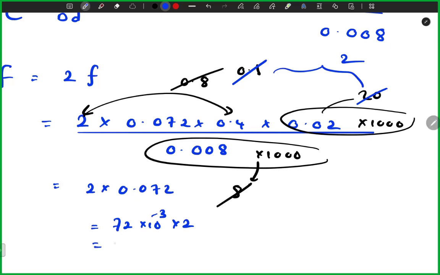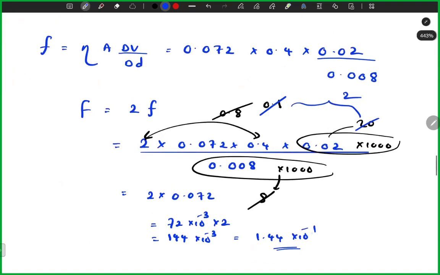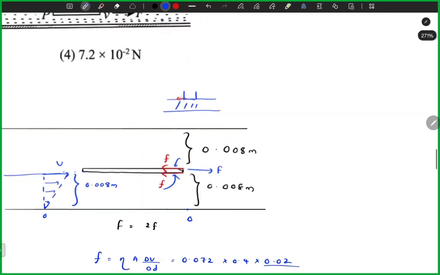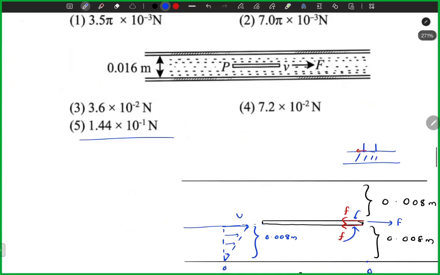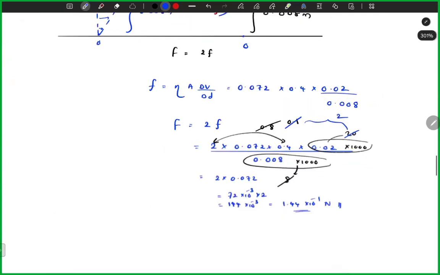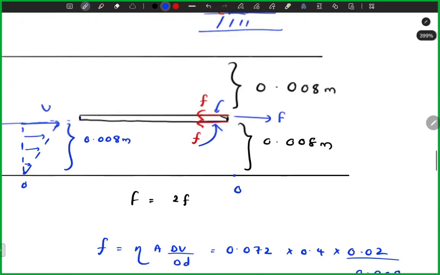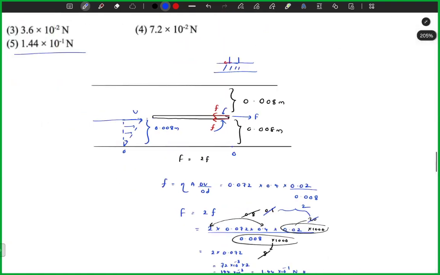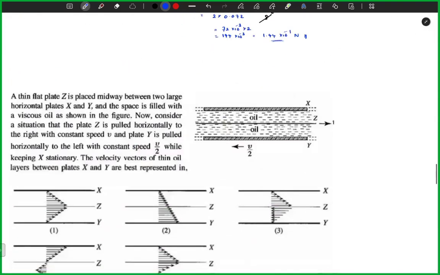You see, it's 144 times 10 to the minus 3, which is 1.44 times 10 to the minus 1. Now correct? Okay. Newtons. Is that the answer? Now you see, it's a nice question. So you have to think about both sides of the plate, right?